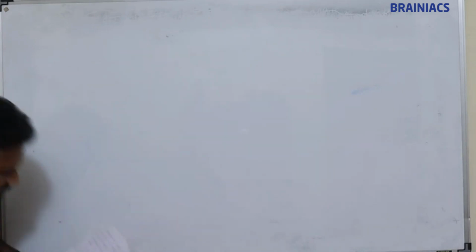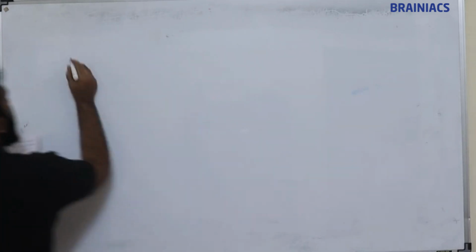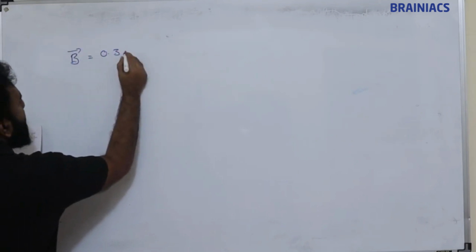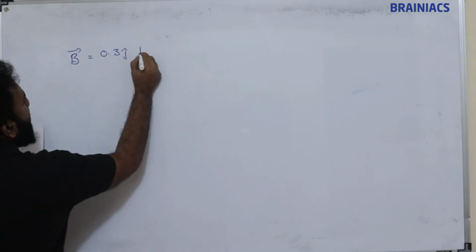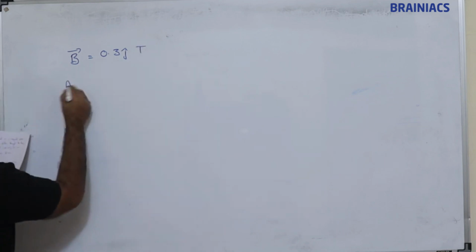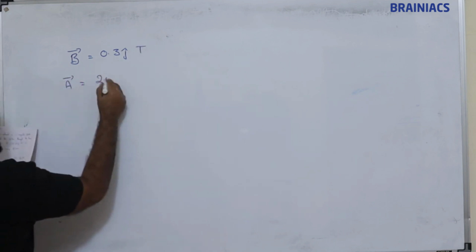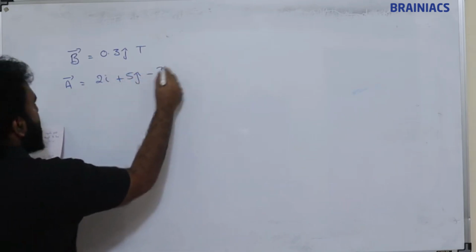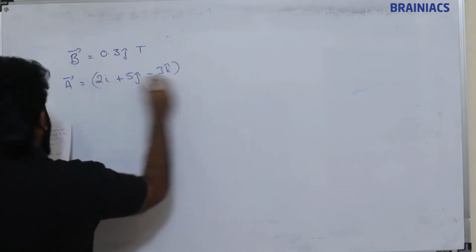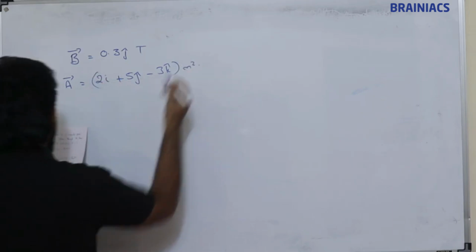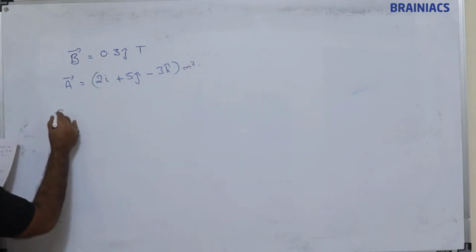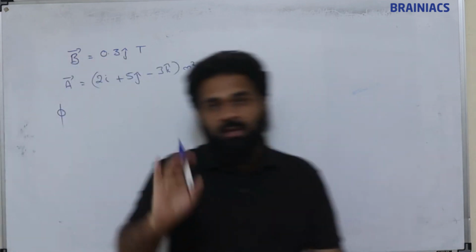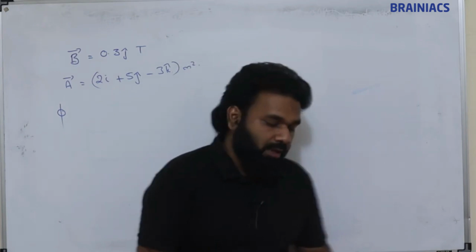It is a simple question. Magnetic field B is given as 0.3 J Tesla and the area vector is given as 2I plus 5J minus 3K meter square. What they are asking is the magnetic flux through the loop.